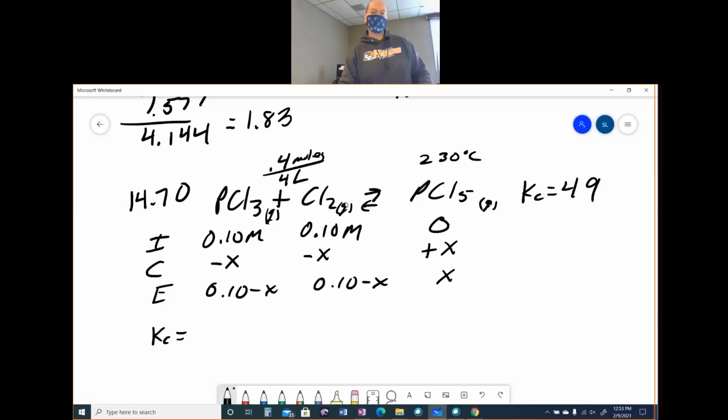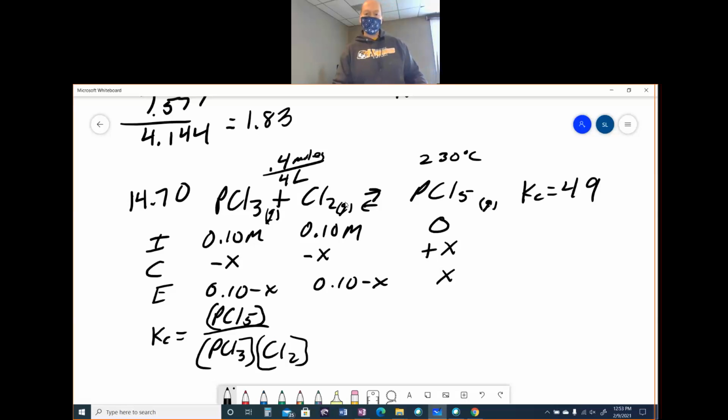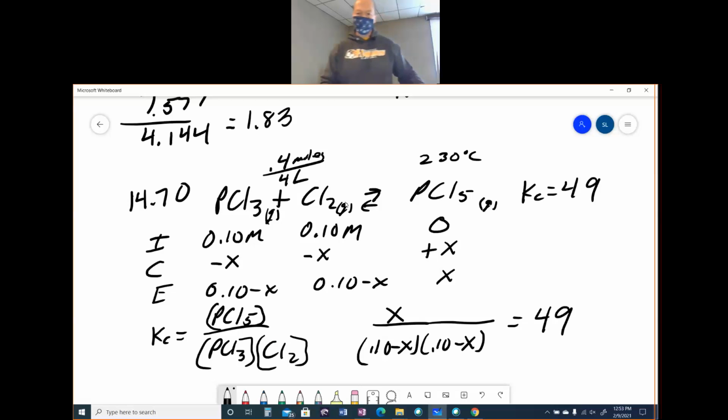The expression for Kc, all of them are gases, so they are all included: PCl5, PCl3, Cl2, products over reactants. Now we plug in our equilibrium concentrations. So x for our PCl5, 0.10 minus x, 0.10 minus x, and that is equal to 49.